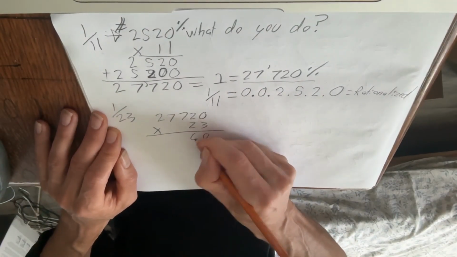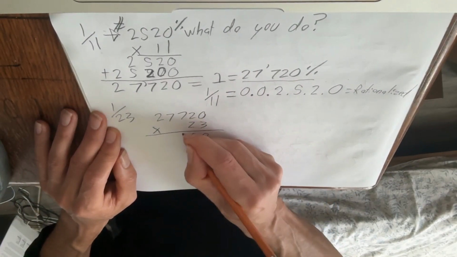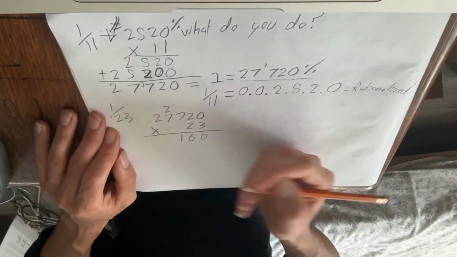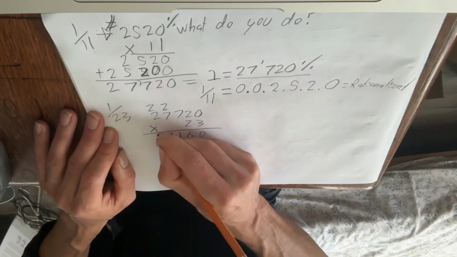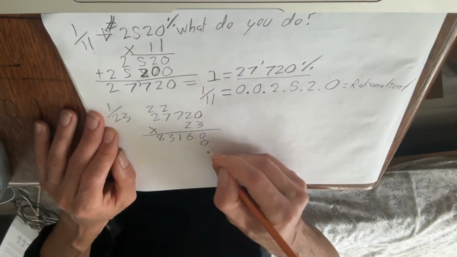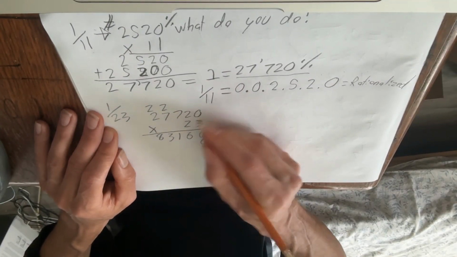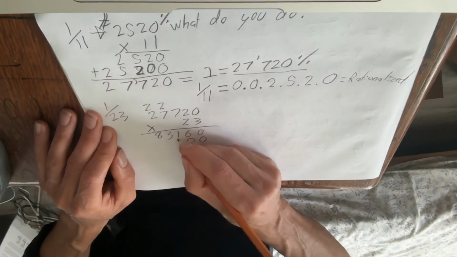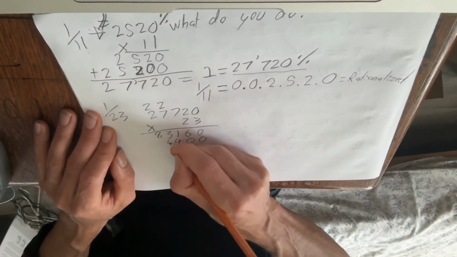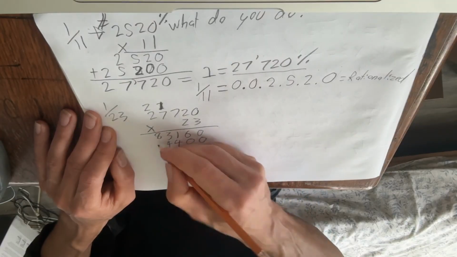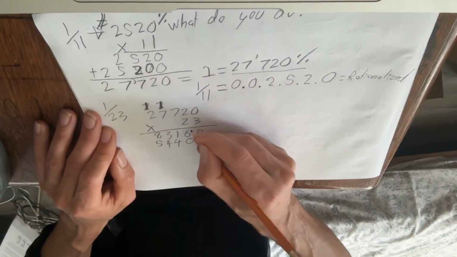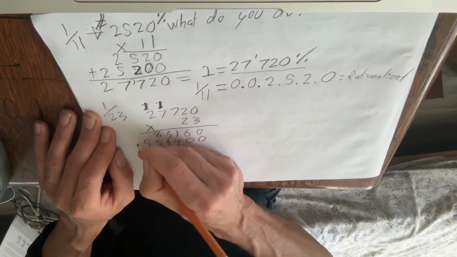0, 6, 21, 21, 23, 2, 6, do the 8s, drop the 0, repeat. Wait, no, 2 times 0, 0, 2 times 2, 4, 14, the 1, 2 times 7, 14, making 15, the 1, 2 times 2, 4, 2, the 5.